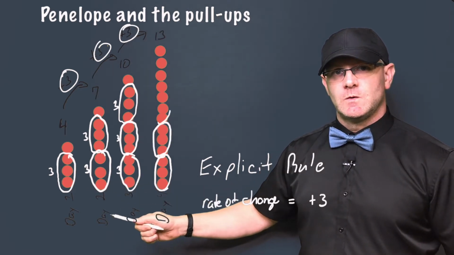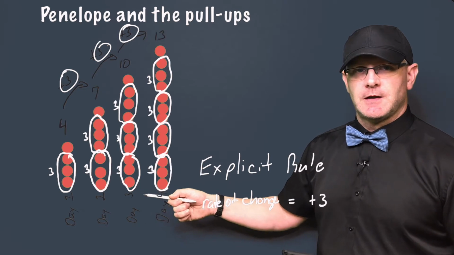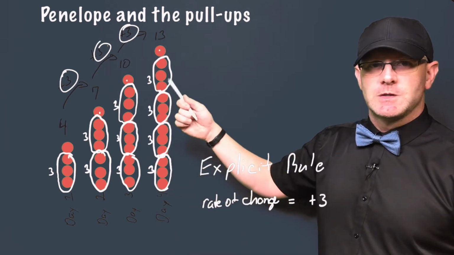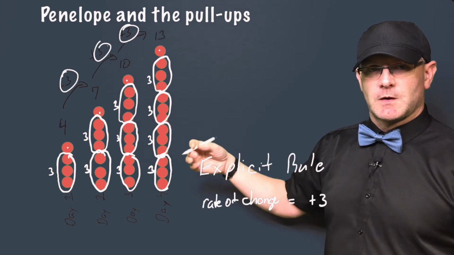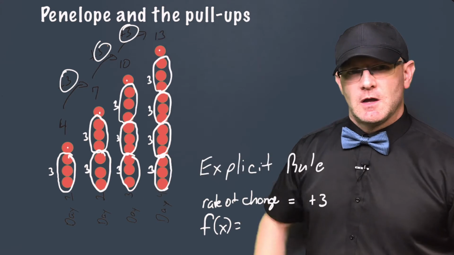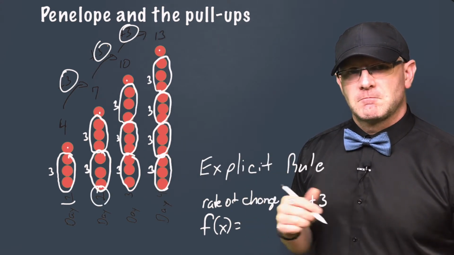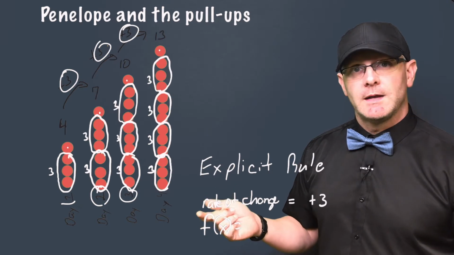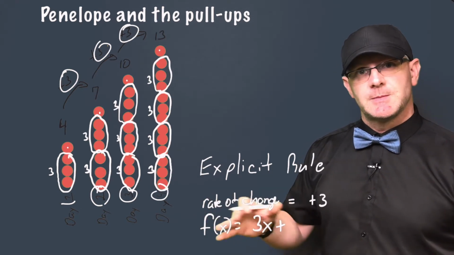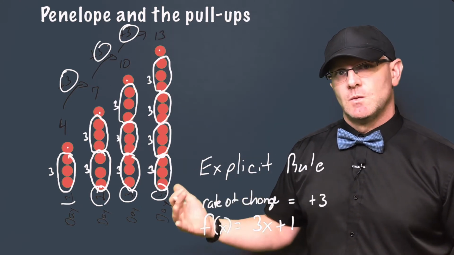Day 2, 2 groups of 3. Day 3, 3 groups of 3. Day 4, 4 groups of 3. My constant rate of change. And then I notice at the top of each column, there's 1 left over. That's going to be my y-intercept, my b term. So my explicit rule in this case is going to be f of x equals 3x plus 1.